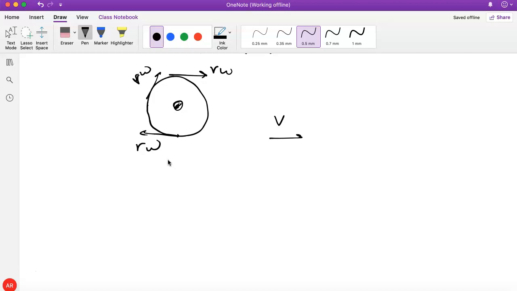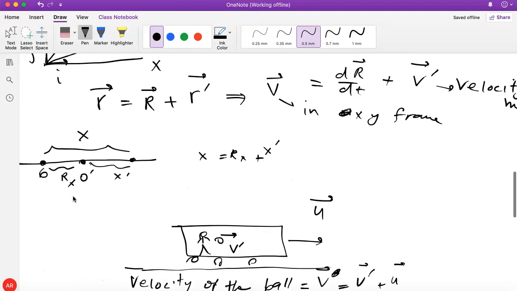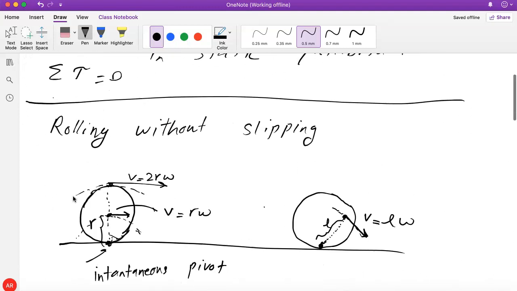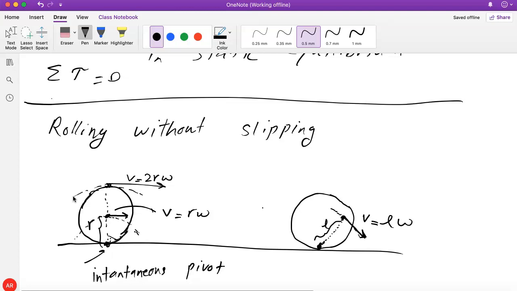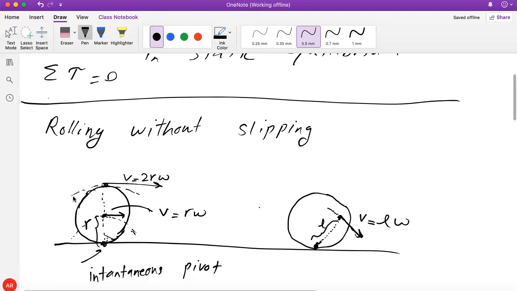The velocity with respect to the ground is going to be v, the velocity of the moving reference frame, plus the velocity in the moving reference frame, which is r omega in the opposite direction. So if that point is not slipping from the point of view of the external observer, if there's no relative motion, we find the same conclusion, that v is equal to r omega. The velocity of the center is equal to the radius times omega.